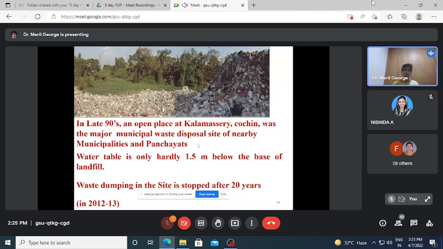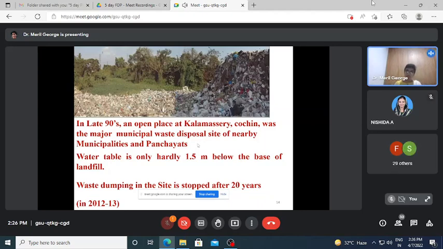As per the information obtained from the local bodies, in the late 90s this was the major municipal waste disposal site of nearby municipalities and panchayats. In 2008, the period at which I conducted this study, the waste dumping was approximately 50 ton per day. The waste dumped at this site includes domestic waste containing kitchen waste, paper, plastic, glass, cupboards, etc. Construction and demolition waste was there.